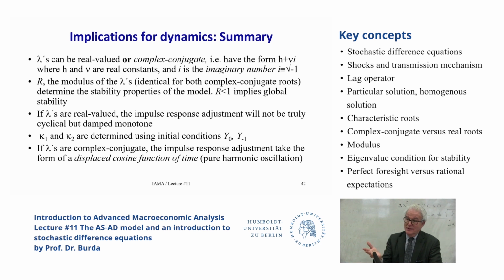It's a great question. In the limit, if r were very, very small, very close to the origin, then the dynamics would be very uninteresting. They wouldn't be persistent. But if r is very, very close to 1, that means a shock will take a long time to die down, to damp down. And that's exactly why we stare at these lambdas, because we care about persistence.